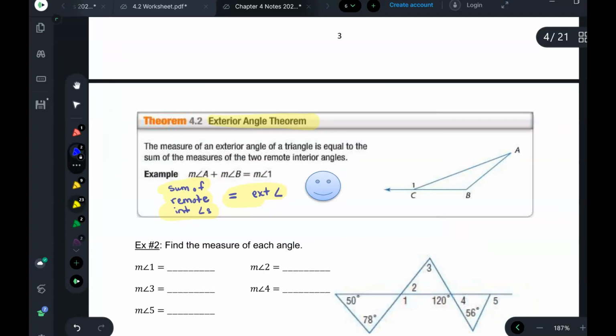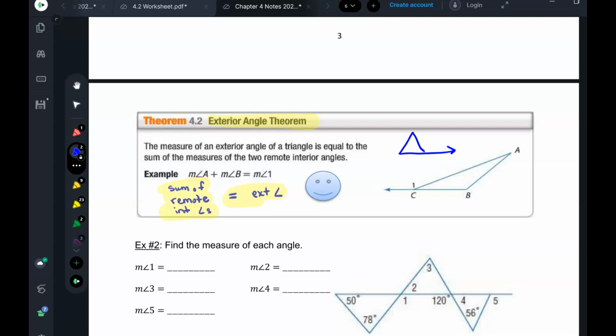Here, a quick example. Let me do it on the board. So if I gave you a triangle, and I said this was 30 degrees, and this was 80 degrees, what's that angle have to be?